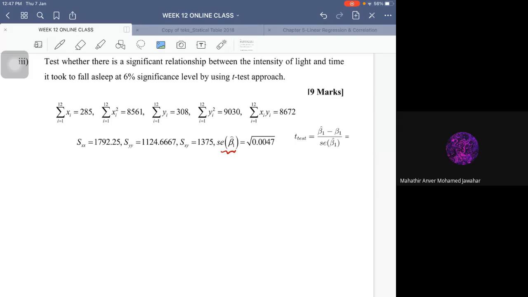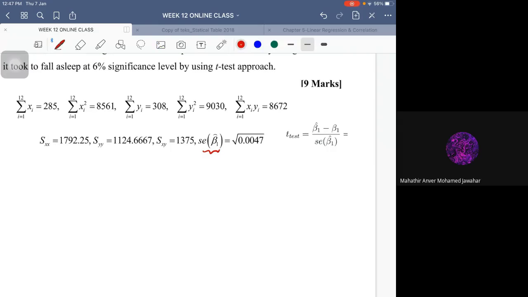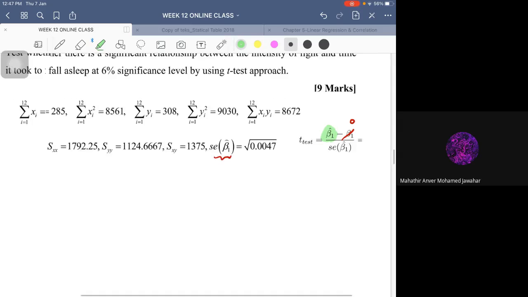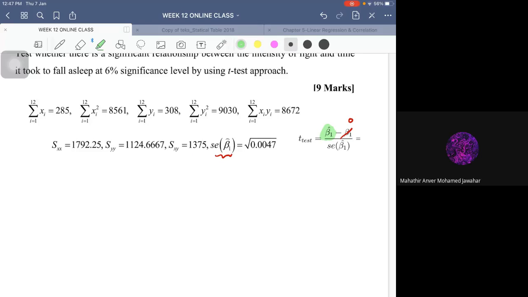We know that this is going to be 0, so this is gone. But before I can use this formula, there are certain things that I have to calculate. I'm actually referring to this value, which is our beta 1. If you have a look at the information given over here, none of them is actually a value of beta 1.